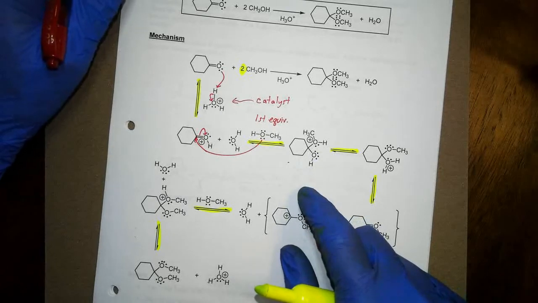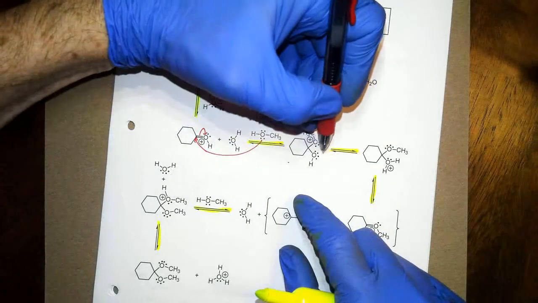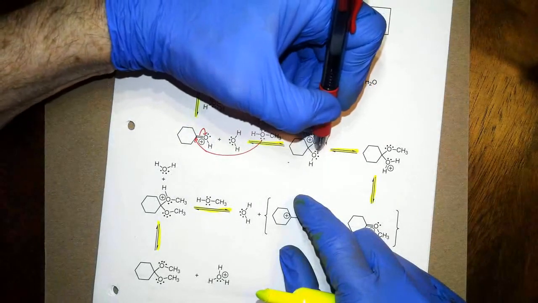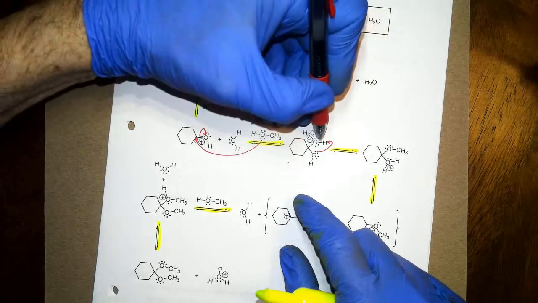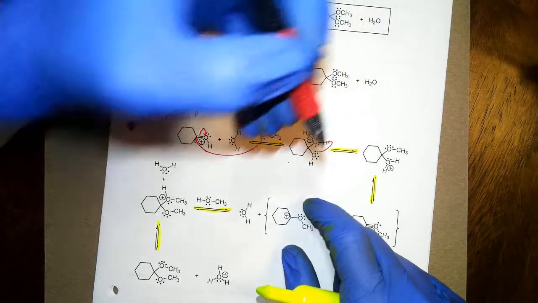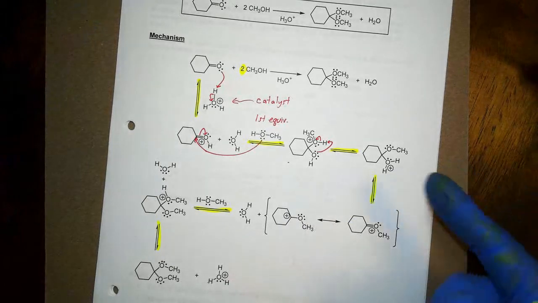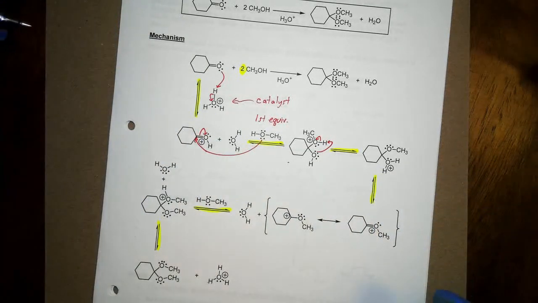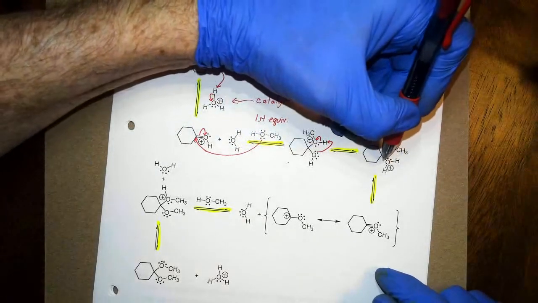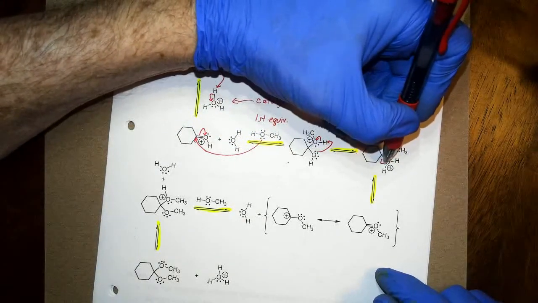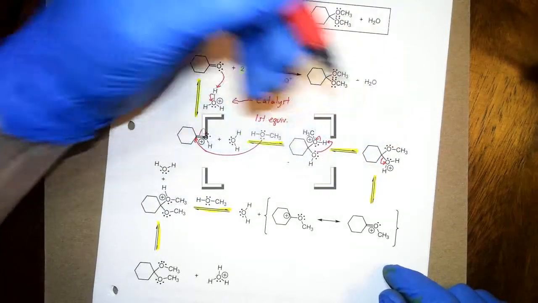Now you've kind of seen this before when we were looking at the enamine formation, that we're going to have an intramolecular proton transfer there. And it can be intermolecular or both. Point is, we're going to convert that into a good leaving group. And then what happens next? The water molecule is going to leave, is going to depart, it's a leaving group.